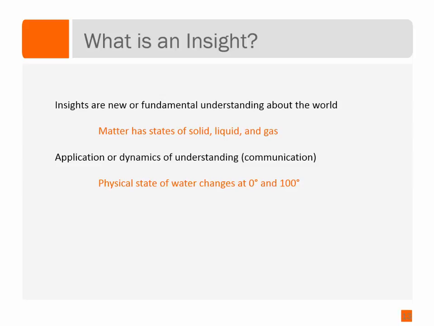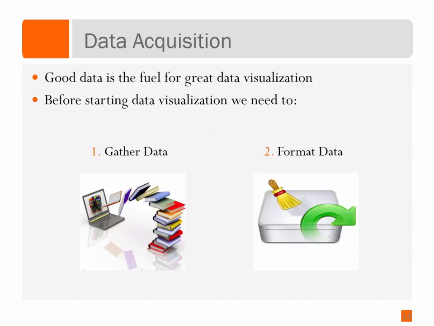The particular information or underlying data might be different if we're talking about copper or lead or gold. The boiling points and freezing points for each of those materials might be different. However, they all have this fundamental common understanding about the world that there's a solid state, a liquid state, and a gas state. That might be a good example of insights.